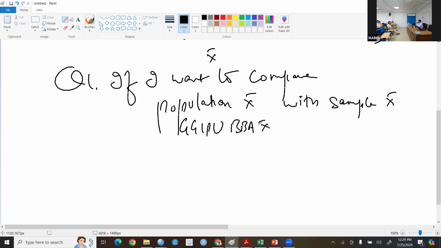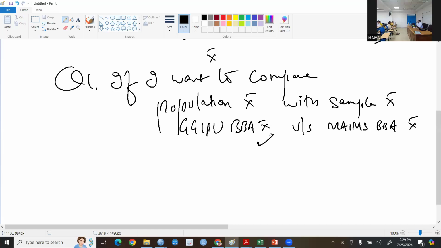Can I get it from the controller of examination? I can get it. I can go to Dwarka, make a request, and they can give it to me. Can I compare it with the MAIMS BBA mean? I can compare this only if the population mean is known to me. If the population mean is not known to me, then I cannot apply a parametric test. I have to go to a non-parametric test.